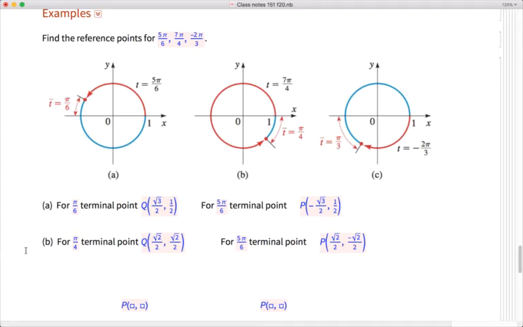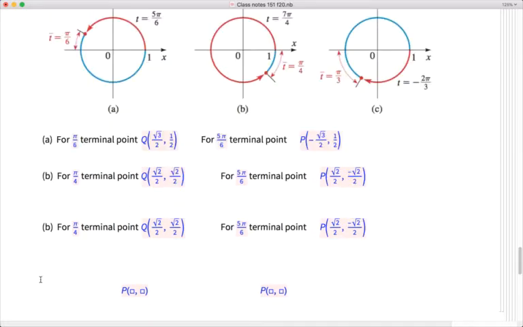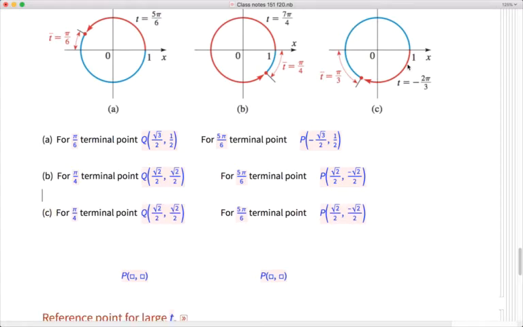Right. One more, and then we're done for the day. C. So our initial number is negative 2 pi over 3. The reference number is pi over 3. Okay, so again, think about this in the first quadrant. That's steep.